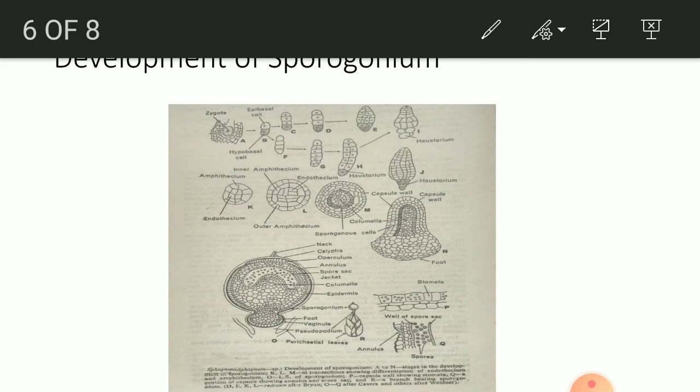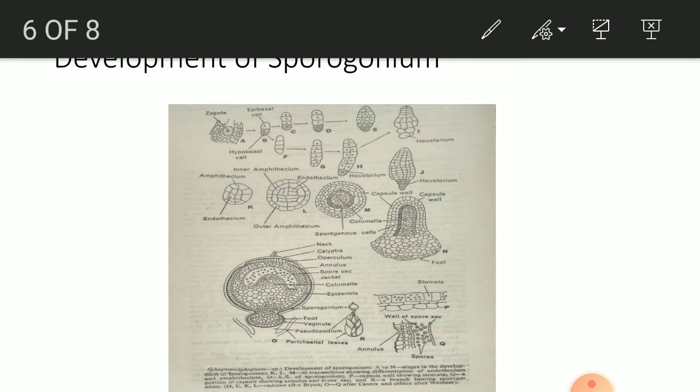The whole sporogonium is shifted out of the perichaetum due to the prolongation of the archegonial branch, that is the pseudopodium. The sac-like distal end of the pseudopodium encloses the foot of the sporogonium, and it is called the vaginula.